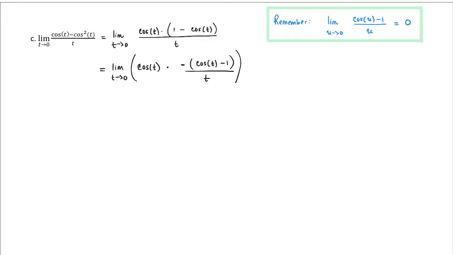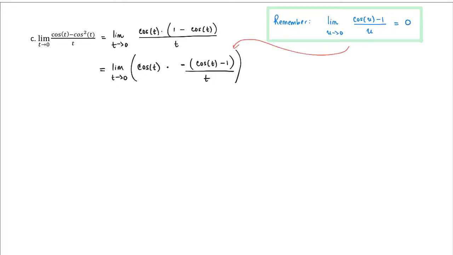Similarly, just as we did numerous times in the previous examples, now I can take the limit and apply it to each factor. And I can do that because cosine of t as a function is continuous, so it has a limit at 0. And then this limit at 0 exists, right? This limit is exactly this one right here.